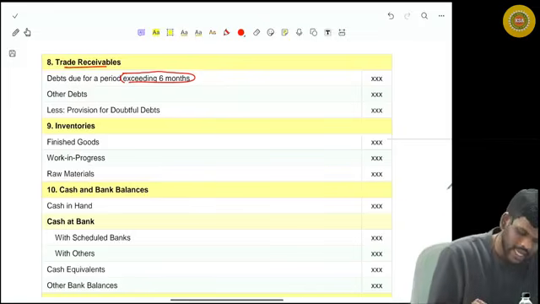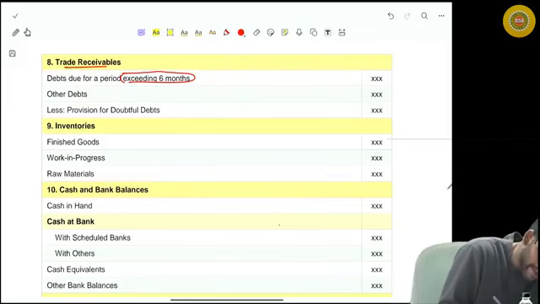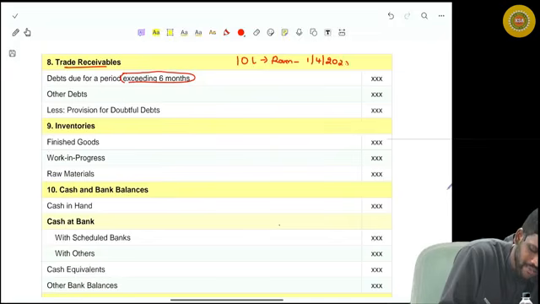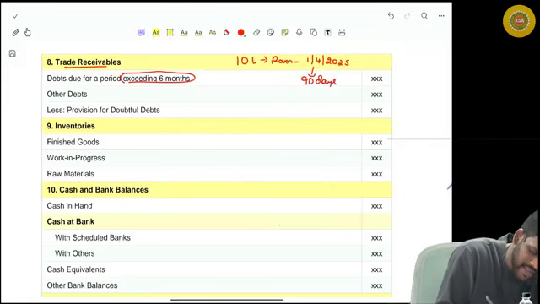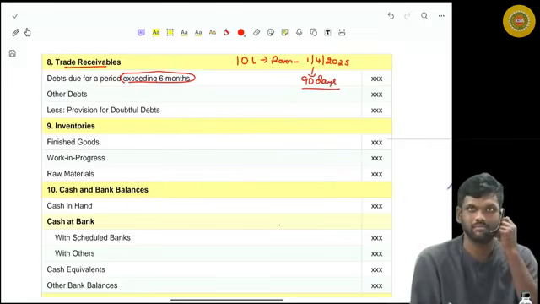Assume I sold goods worth 10 lakhs to Ram. I sold it on 1st April 2025, and I gave Ram 90 days time to make payment.